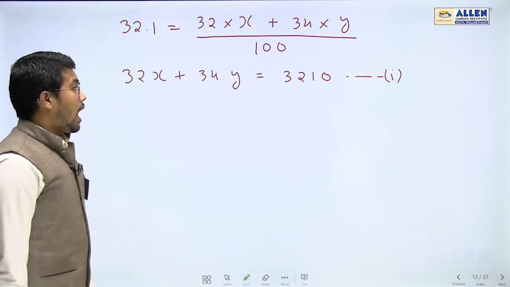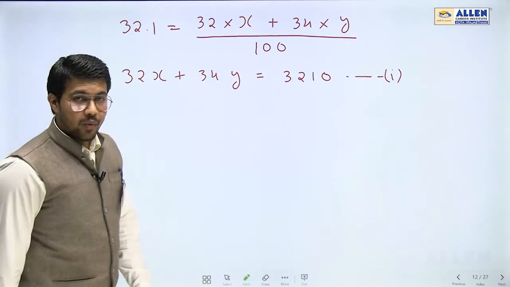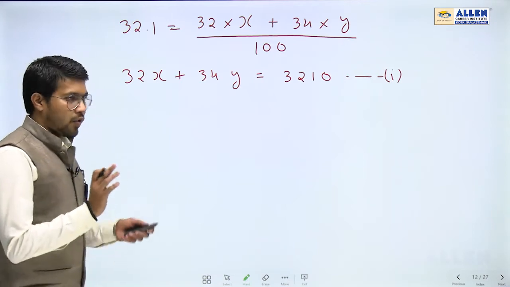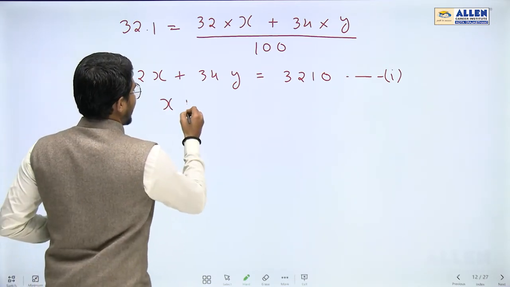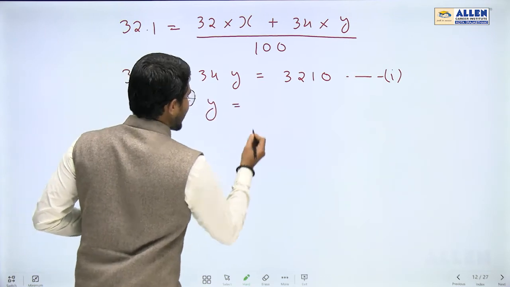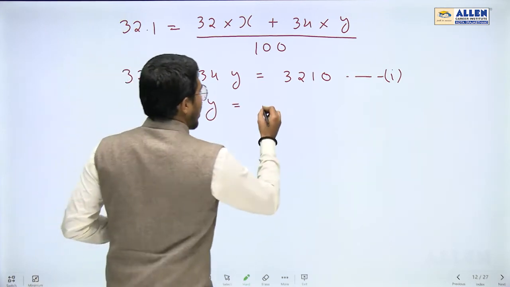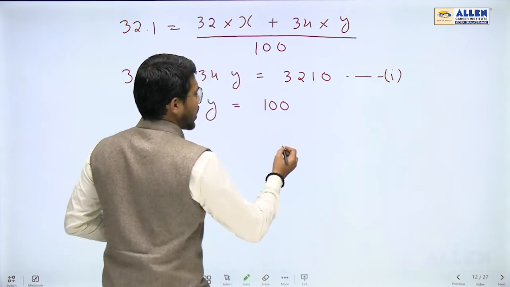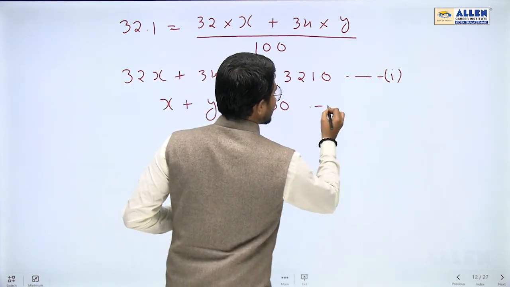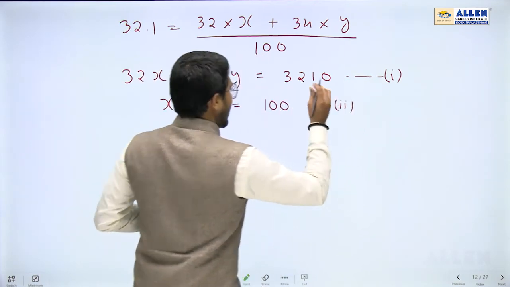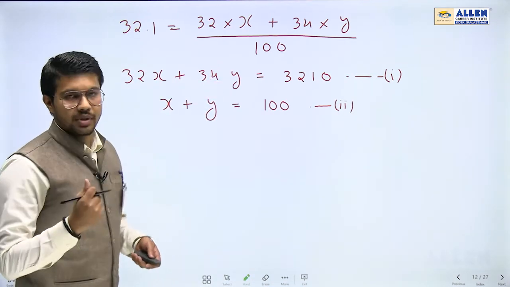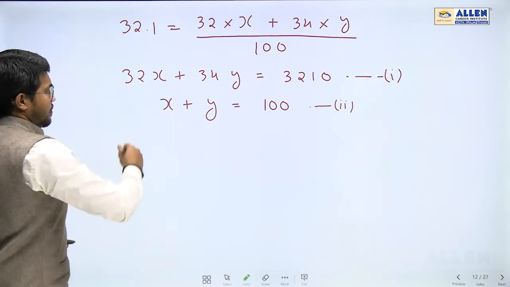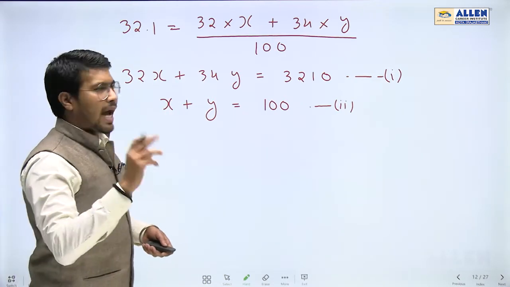Now for the second equation, we know we are talking about percentage. So X percentage plus Y percentage together account for 100%. This is our second equation. Now we will solve these two equations to get X percentage and Y percentage. X is for Z1.